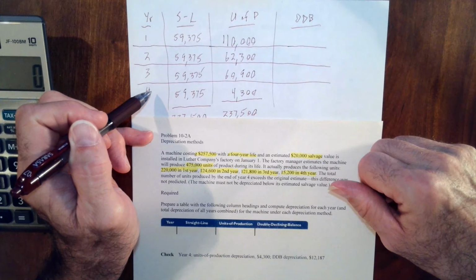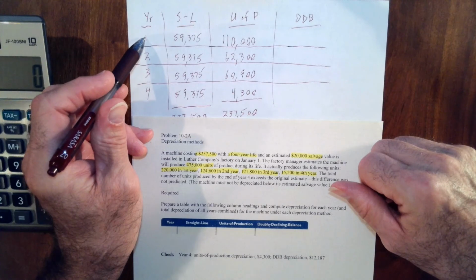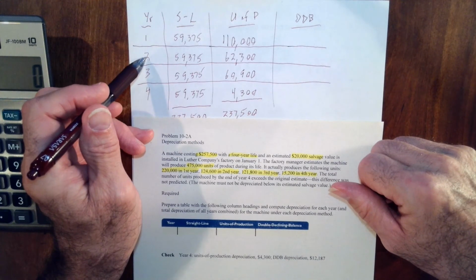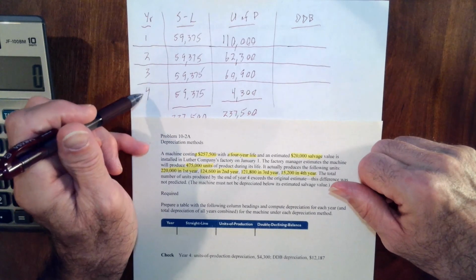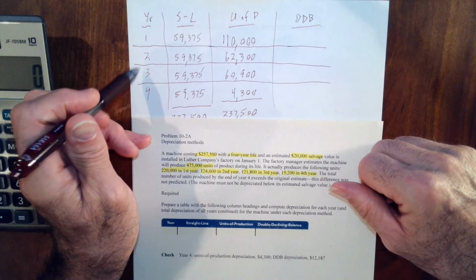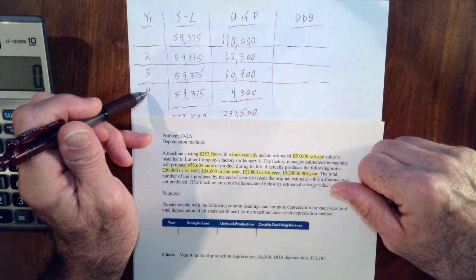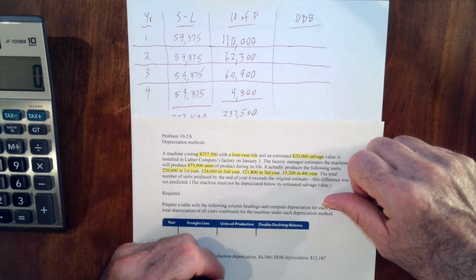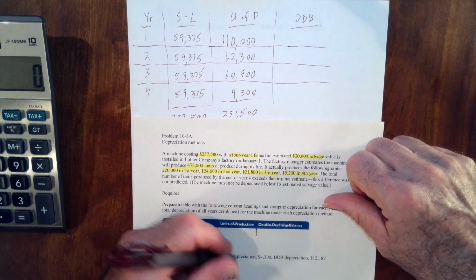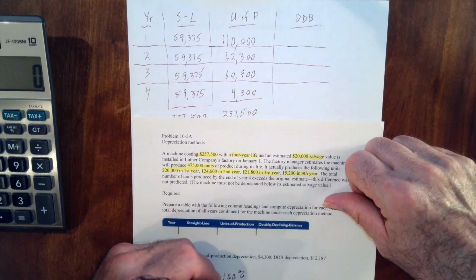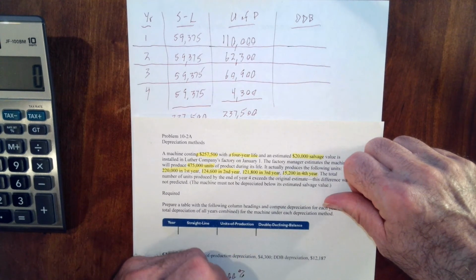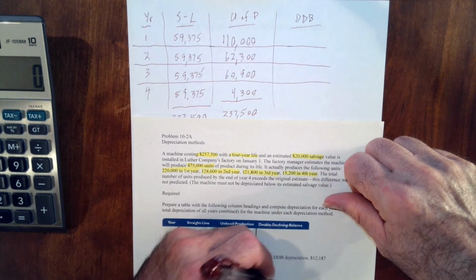Well, it's 25%, so I'm doing 25% of the total here, 25% of the total here, 25% of the total here, 25% of the total here. 25% times 4 years, that makes 100%, doesn't it? Okay, so one way to think about this is to take 100% and divide that over 4 years, and that gives me 25%.